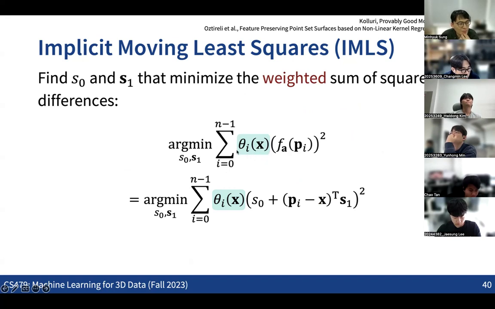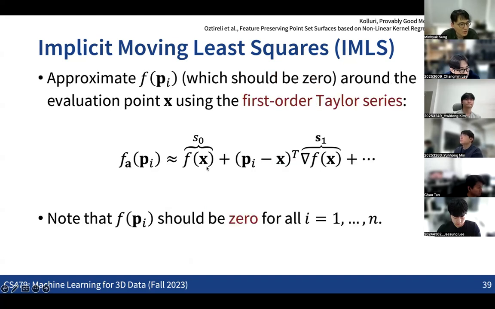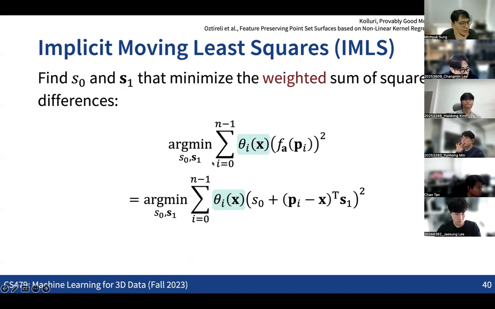So we have a higher weight when the point p_i is close to the query point, and a lower weight when p_i is farther from the query point, right? Then now we are representing the function f with the zero order and first order terms, while finding those parameters by solving the least squares, right?